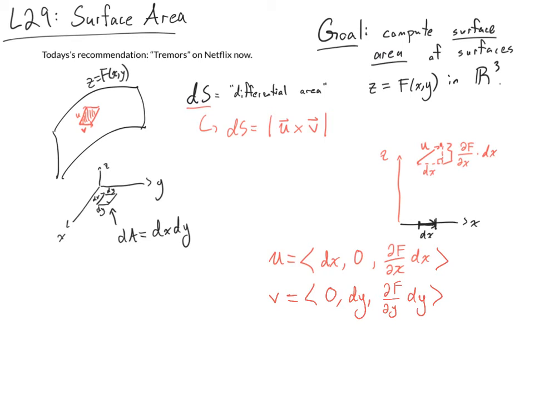And then, if we do our little cross product, what you'll get is that dS is going to be the absolute value of, and I will multiply it out for you, fx dx dy, minus fy dx dy, and dx dy. Okay.